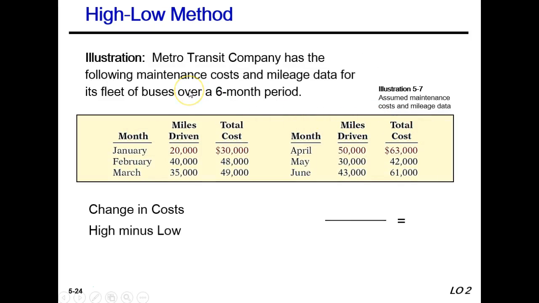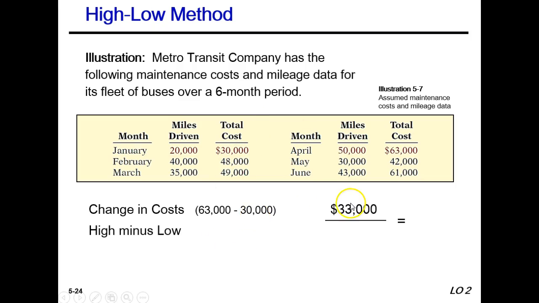So you see here, we've got Metro Transit. They have the maintenance costs and mileage for a 6-month period. January, February, March, April, May, and June. We are going to take the low month, we're going to take the high month, and we're going to compare them. So we've got $63,000 in costs, the high month, the low month, $30,000 in costs.